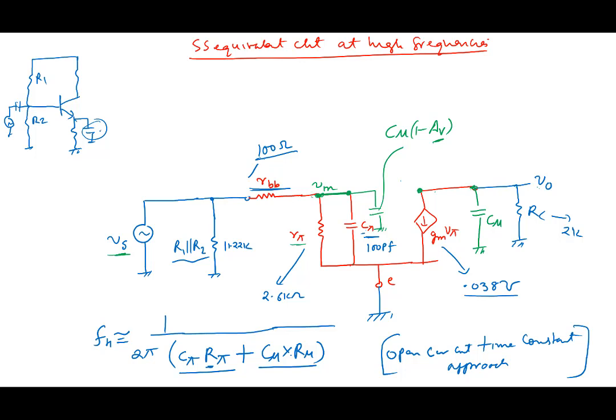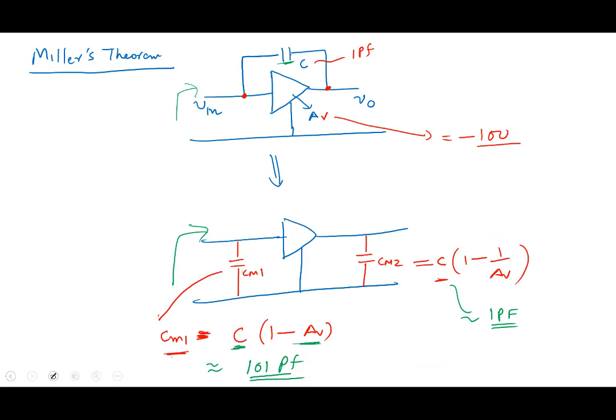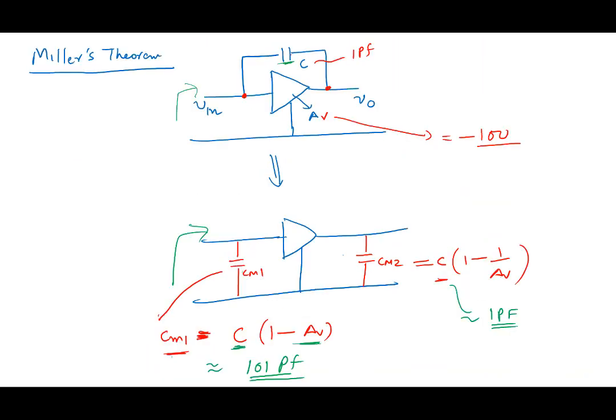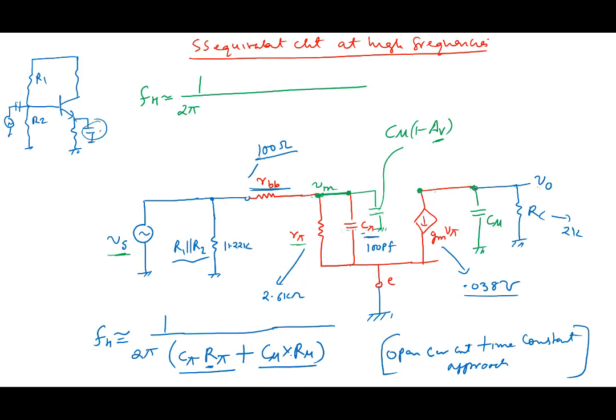So now what will be the 3 dB cutoff frequency? These two capacitors now come in parallel, so we can easily write FH. It becomes very simple: 1 over 2 pi times the net capacitor, which is C pi plus C mu (1 minus AV).